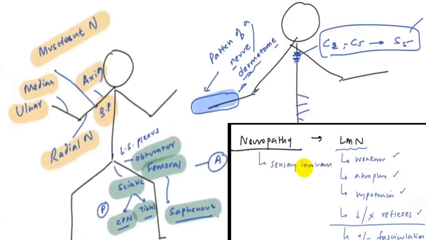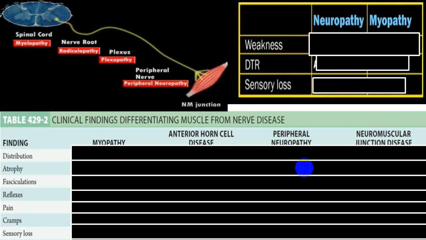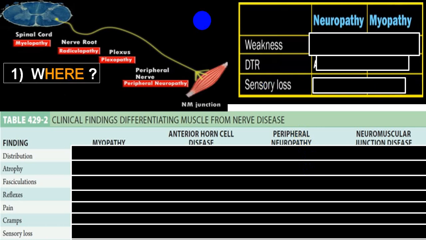But whenever you get a lower motor neuron type of finding in the distribution of a nerve or in the distribution of root supply, suspect peripheral nervous system being involved. So the interesting thing to find out is where is the lesion. If it is a lesion in the spinal cord, you will get upper motor neuron type of finding.